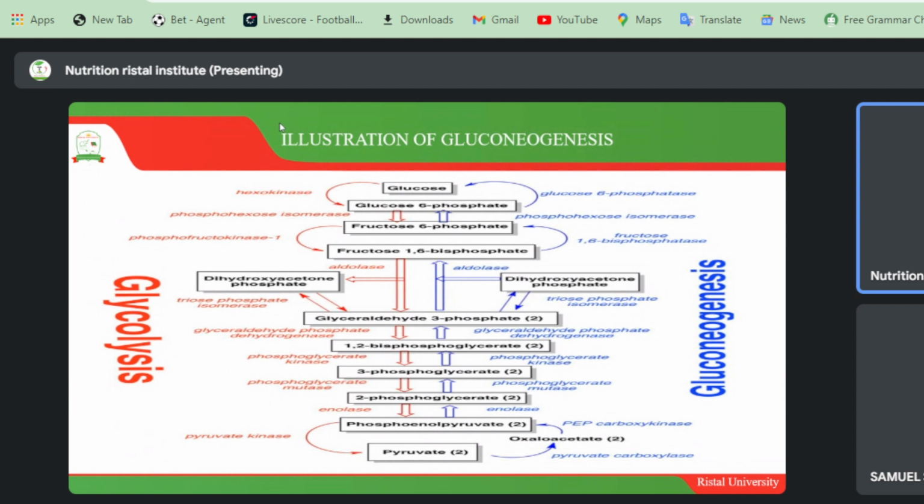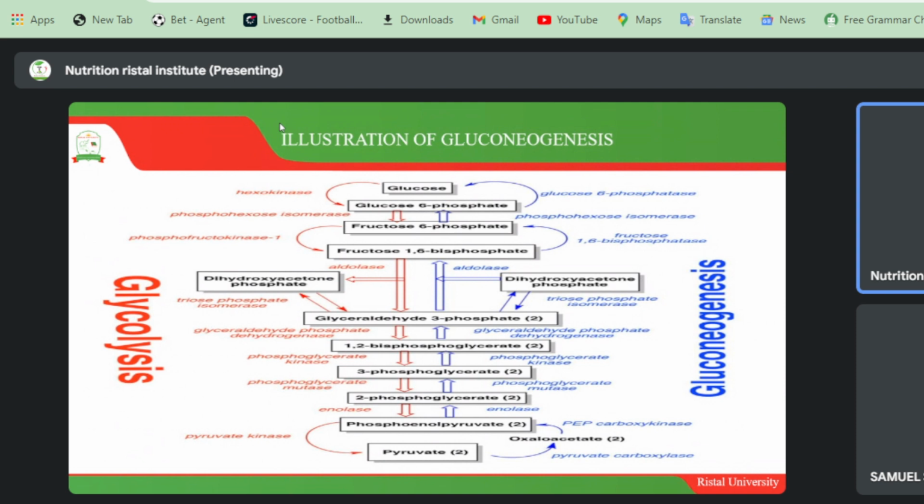Let me first show you. Right here is an illustration of the reverse, where on the left of the screen, the red is the glycolysis reaction. Then on the right hand side, where you have the blue writings, that's the gluconeogenesis reaction.